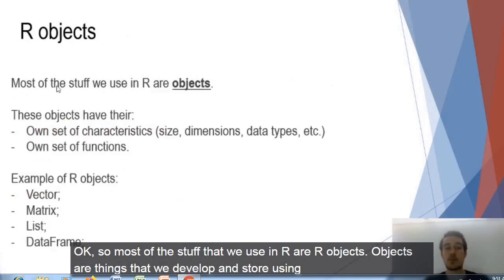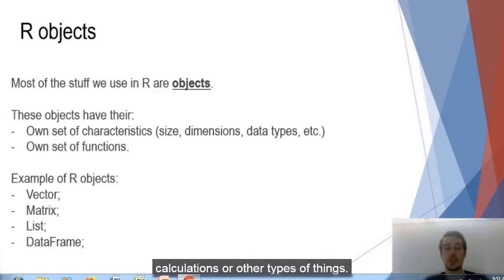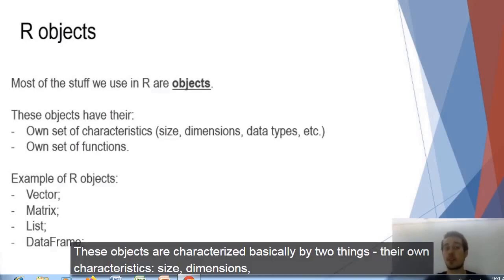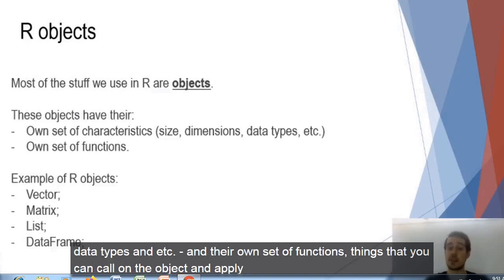So most of the stuff that we use in R are objects. Objects are things that we develop and store using calculations or other things, data, for example, that we want to store. These objects are characterized basically by two things: their own characteristics, such as size, dimensions, data types, and so on, and their own set of functions, things that you can call on the object and apply to it.